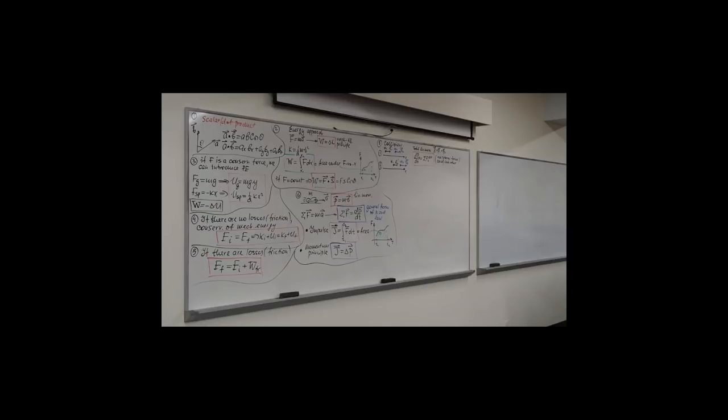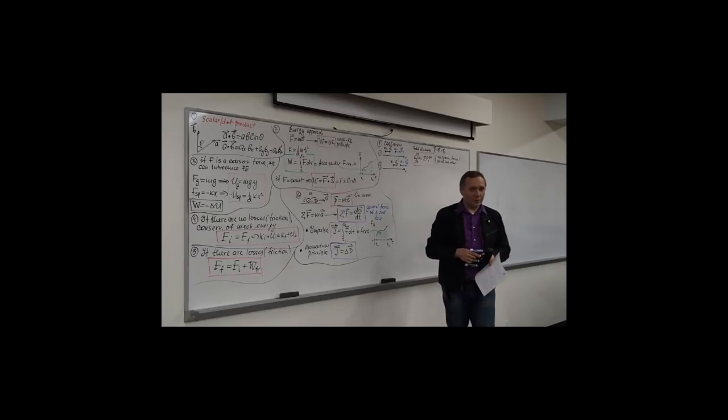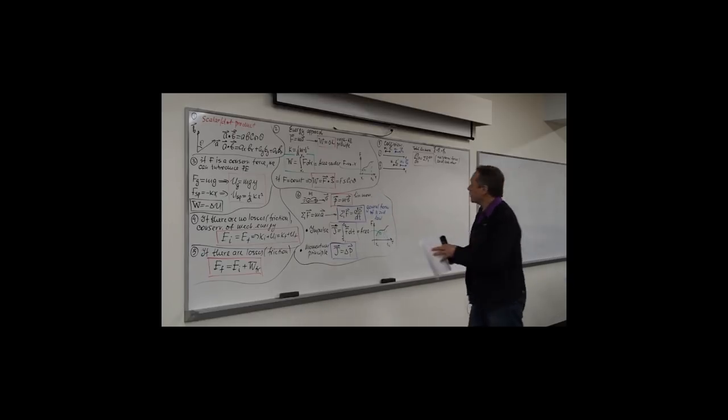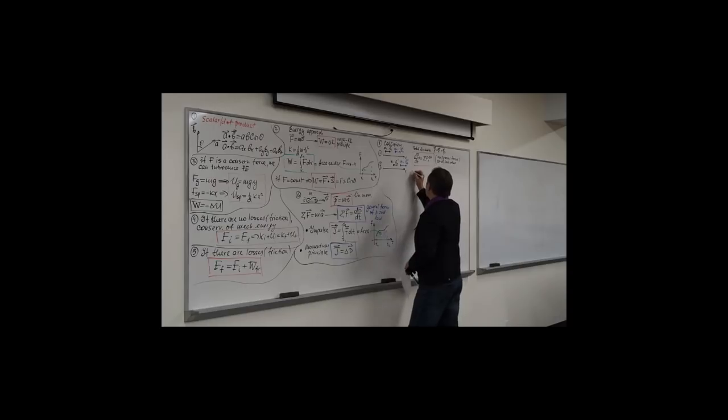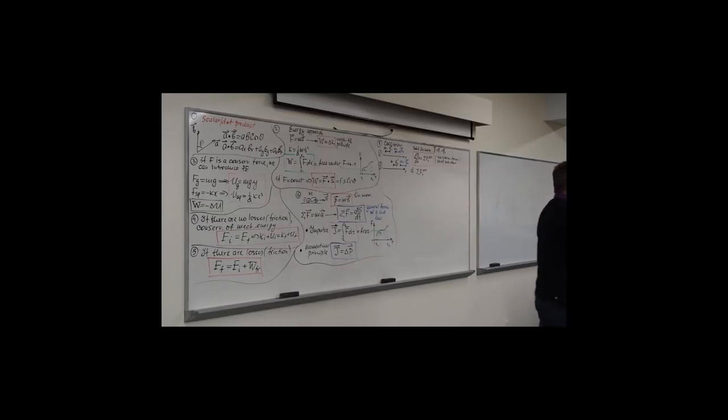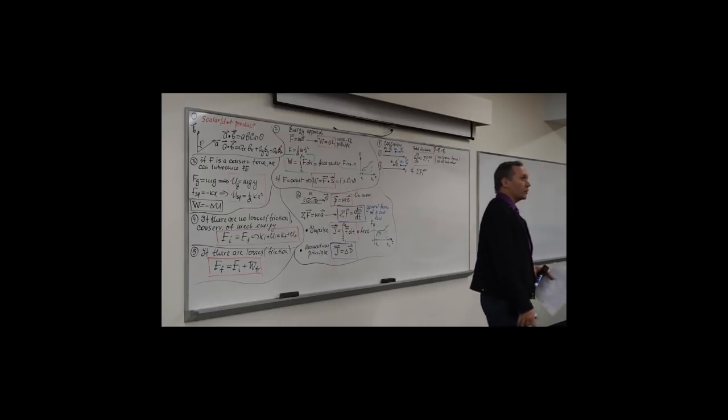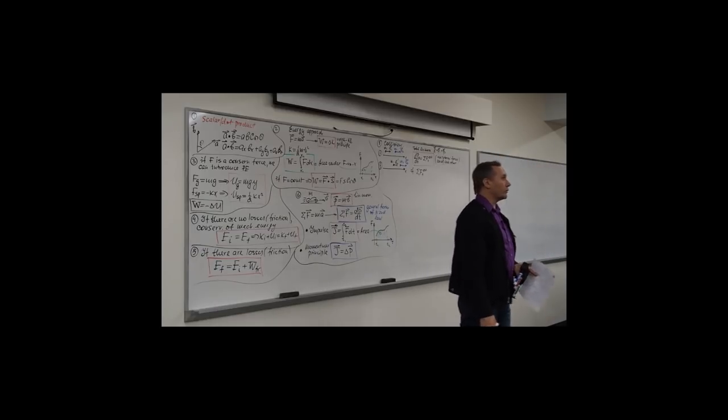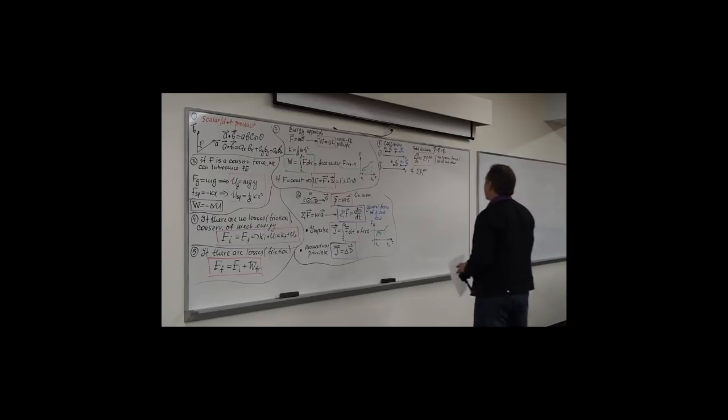And the consequence of this: if the net external force equals 0, what's the consequence? Linear momentum is conserved, constant, right? So let me write our conclusion. If the net external force in the x direction is 0, then of course Px must be constant. Of course, if you want to consider the y direction, you will have to do exactly the same: you just need to look at the net external forces in the y direction.